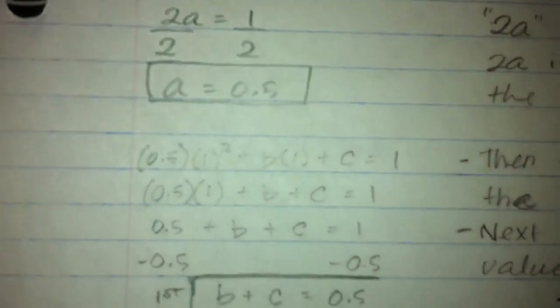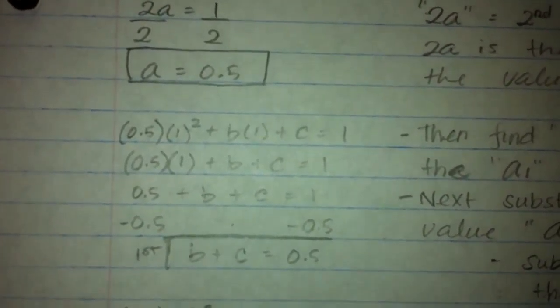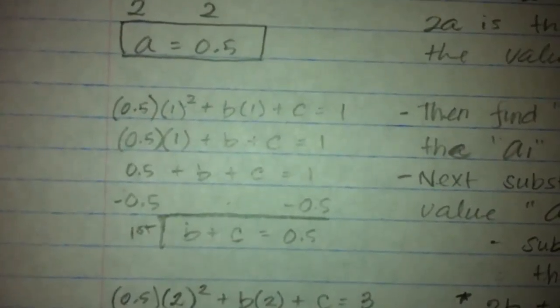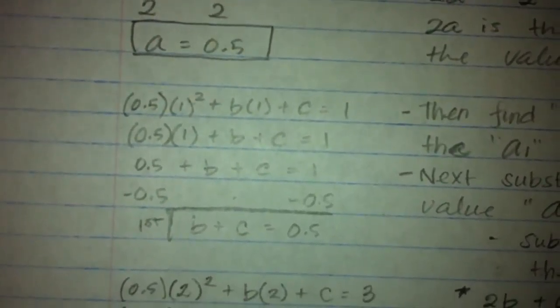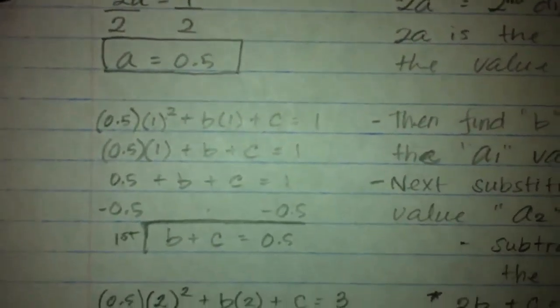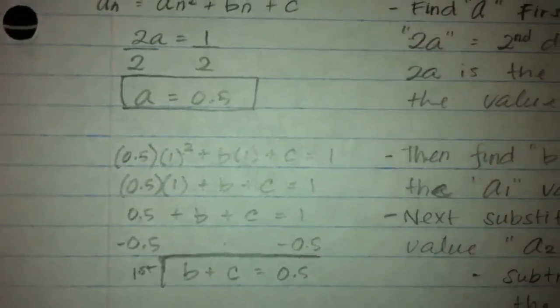So here you have our a, which is 0.5, times the a1, which is 1, because the n is 1, to the second power. So we substitute all of the n values with 1.